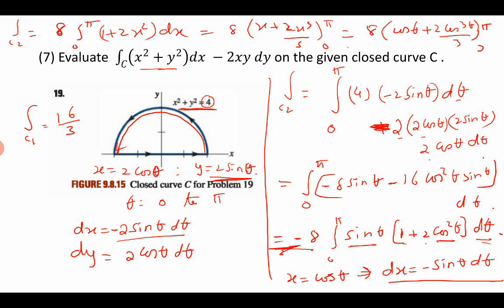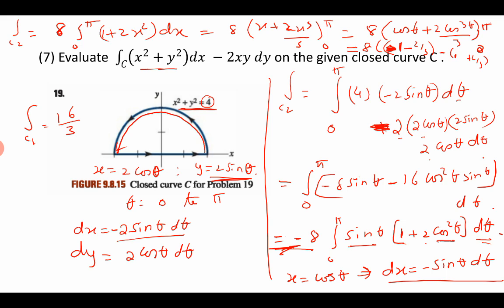So what do you get further? 8 will be outside. Cosine pi is, okay, cosine pi is minus 1, not sin pi is 0. As cosine pi is minus 1, cosine cube pi is also minus, so minus 2 by 3. This is for the upper limit. For the lower limit, minus cosine 0 is 1 plus 2 by 3.